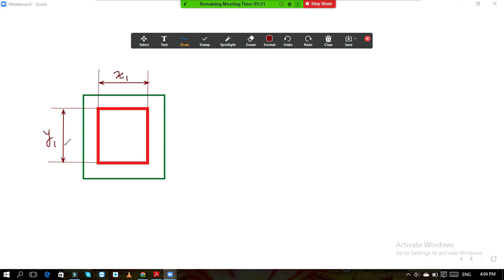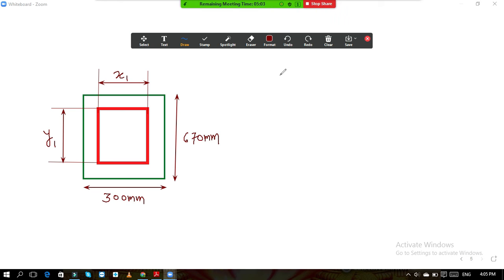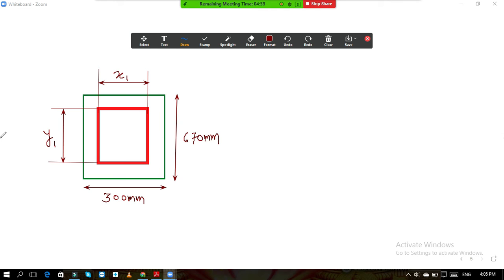Now we need to calculate x1 and y1, and we know that this total distance is 300 mm and this total distance is 670 mm.